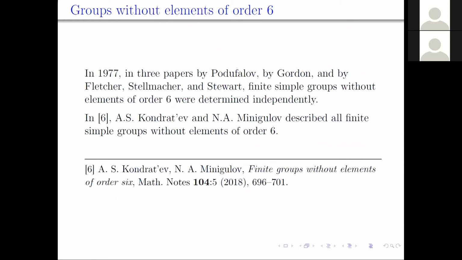Before moving on to the next result, let's say a few words about the classification of finite groups without elements of order 6, because this classification turned out to be very useful for getting it. In 1977, in three papers by Padufalov, by Gordon, and by Fletcher, Selmacher, and Stewart, finite simple groups without elements of order 6 were determined independently.